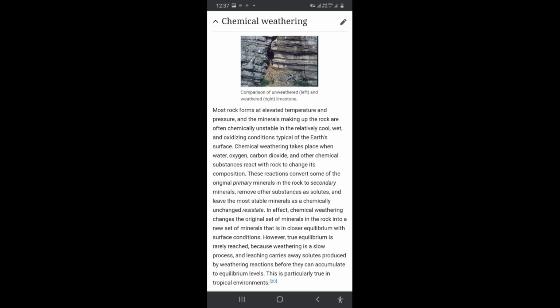Iron is a chief constituent of many minerals and rocks. It is Fe. We know that iron bearing minerals are prone to chemical weathering. The most important reactions that affect iron are mainly oxidation and reduction.